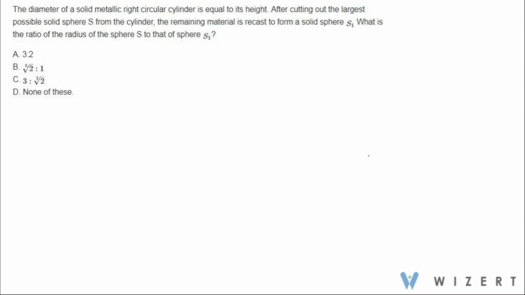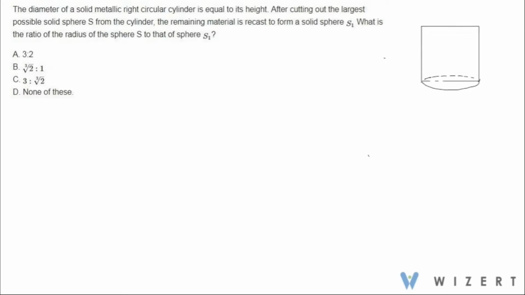So let's try to visualize this in order to get the parameters correct. It is given that this cylinder has diameter equal to its height. So this is the cylinder.